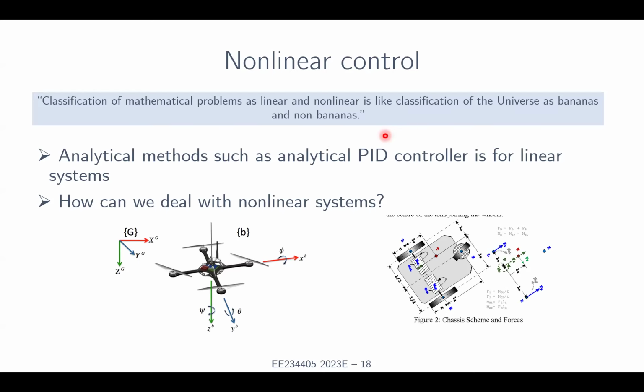And actually there are many systems that are nonlinear, and I think it's important to deal with that, right? So, for example, in a UAV or an autonomous vehicle, you will have several states that are affected by trigonometric functions and maybe quadratic terms and so on.